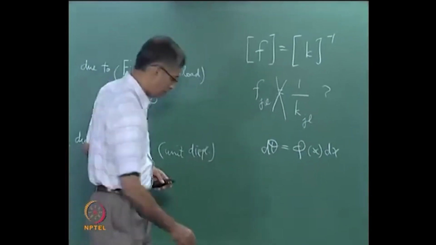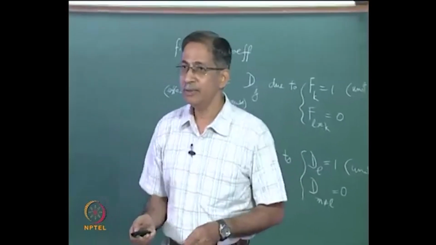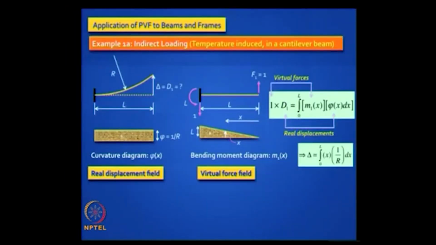So that is what we do. So that is the integration we need to do, and you can do the integration. In this case it is straightforward. If you take x from the right to left, it is convenient. The bending moment at any location is x and the curvature is 1 by r, it is a constant. So you are actually multiplying a triangle with a rectangle. It is very straightforward, you get the answer.